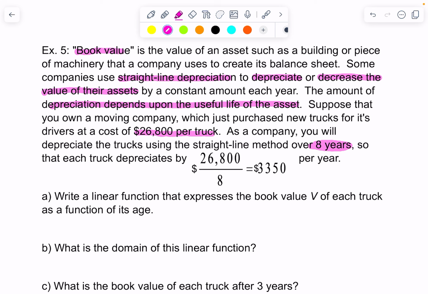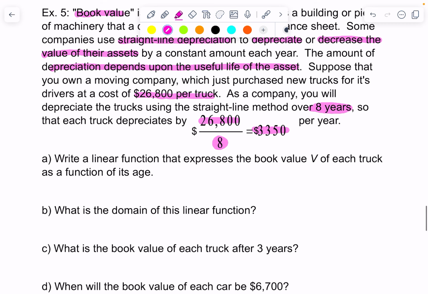So each truck is depreciated by dividing the total cost of $26,800 by the useful years of that truck, and that depreciation cost is $3,350. So let's write a linear function that expresses the book value, V, of each truck as a function of its age.